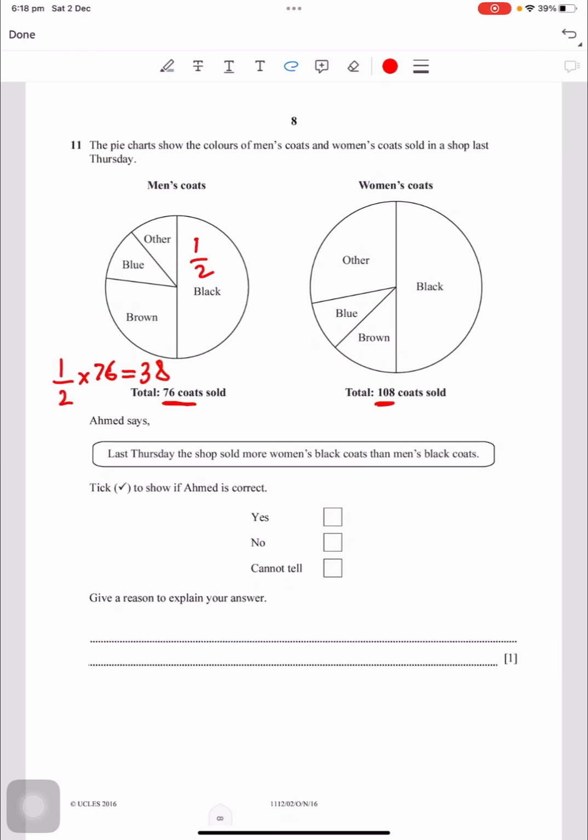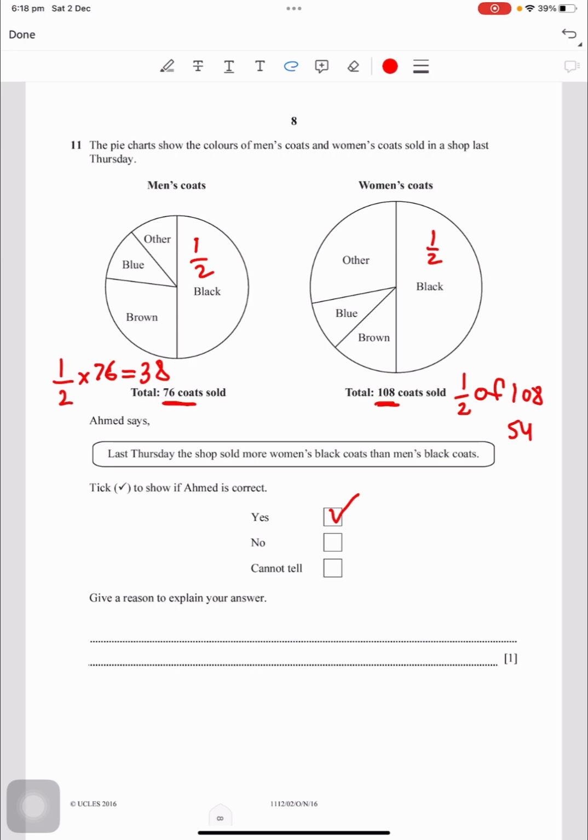Now for women right here, as you can see, this is also half, 1 by 2. So we can do 1 by 2 off 108, which is equal to 54. So, as you can see, 54 is greater than 38, so yes, he's correct. We'll tick yes.